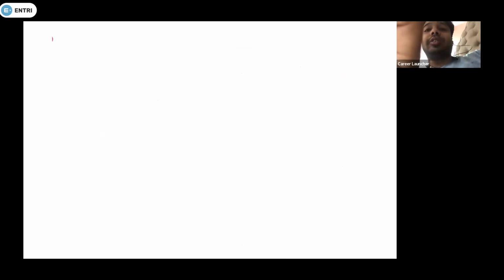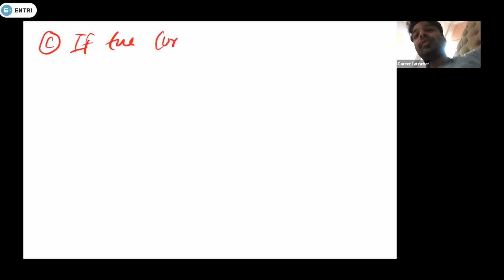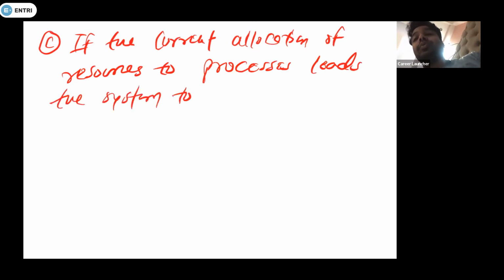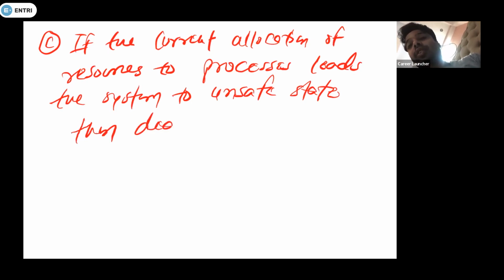And C: if the current allocation of resources to processes leads the system to an unsafe state, then deadlock will necessarily occur.